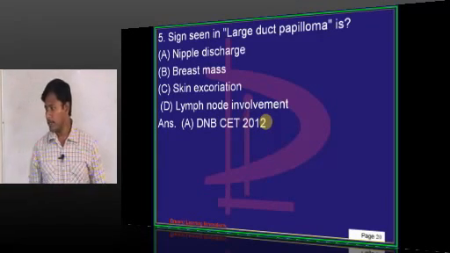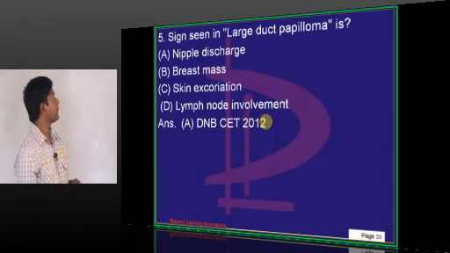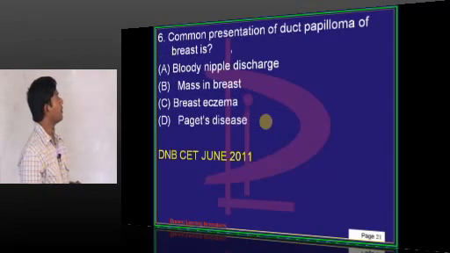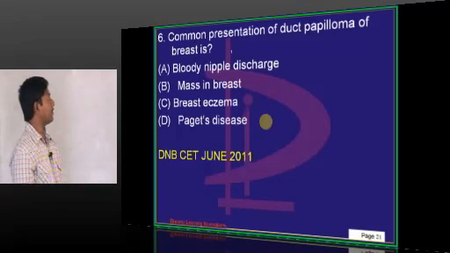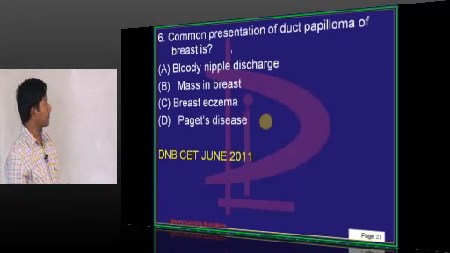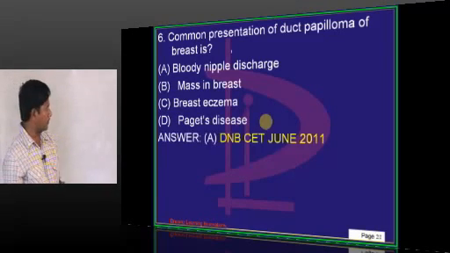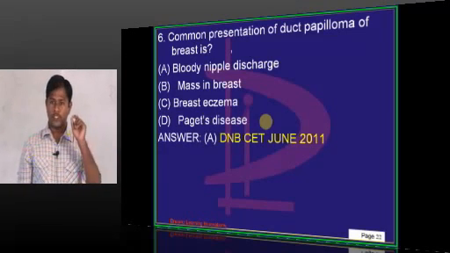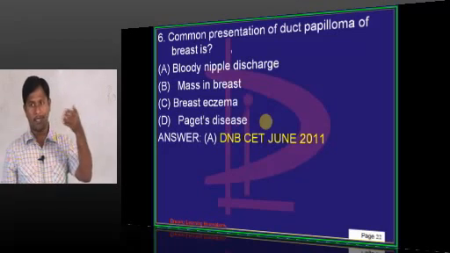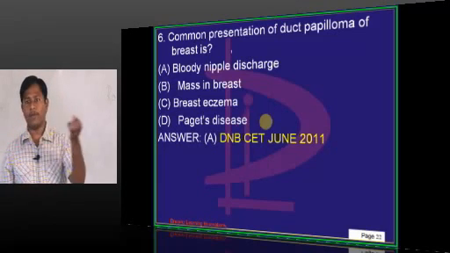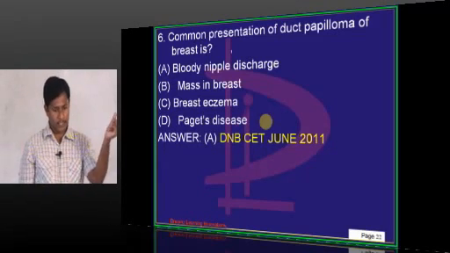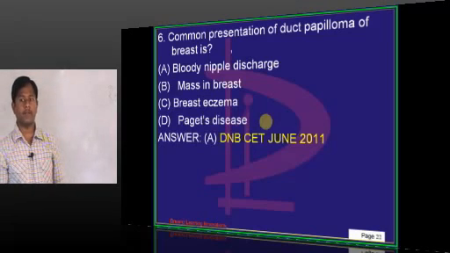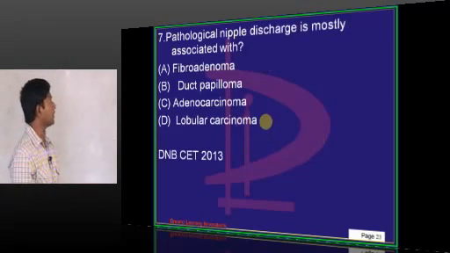The most common presentation of duct papilloma in breast is discharge. Remember, it is the duct papilloma which directly secretes into the duct and produces the discharge. The papilloma secretes all the secretions into the duct that come out through the nipple. So the discharges are most commonly seen.